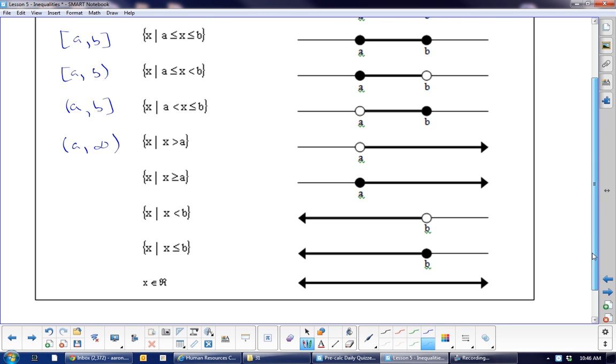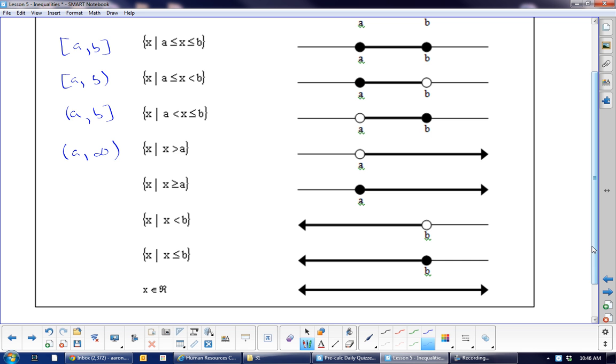Let's make a note over here that infinity will have open brackets. You never put square brackets around infinity because you can't really include infinity. It doesn't exist. But we can get there, but we will never reach it.